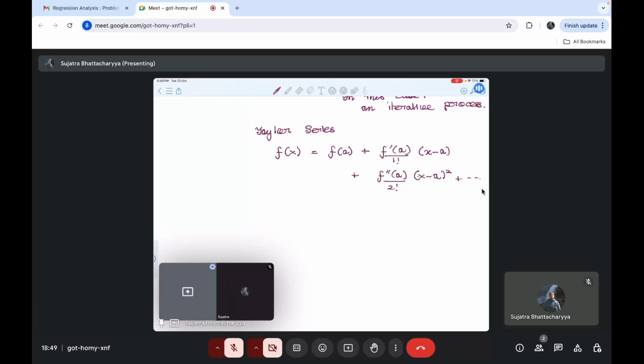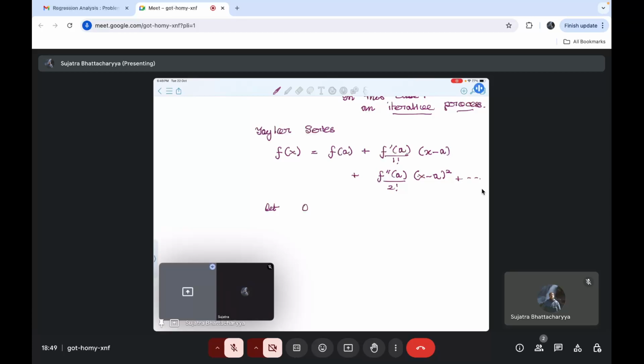As you can see, it's an iterative process, so there must be some kind of starting point. We are estimating the parameters θ.